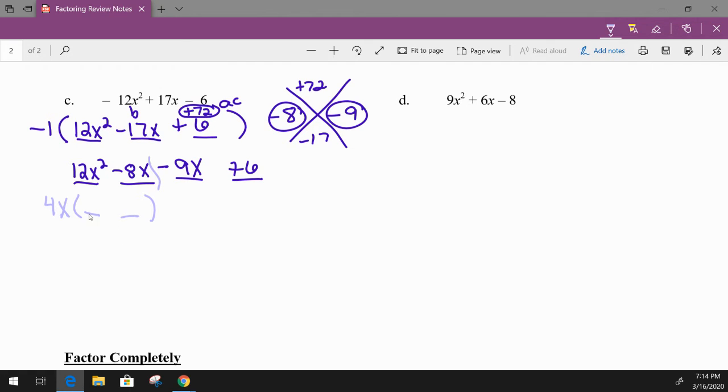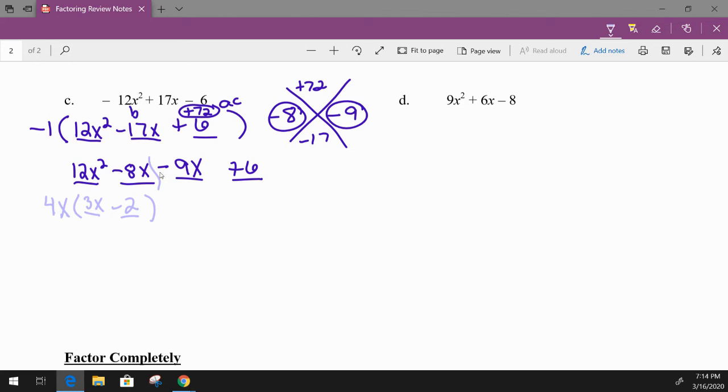Since I had 2 terms here, I'm going to have 2 terms here. 12x squared divided by 4x is 3x, and negative 8x divided by 4x is negative 2. And if I were to check those terms by multiplying the 4x back in, you would get what you started with.